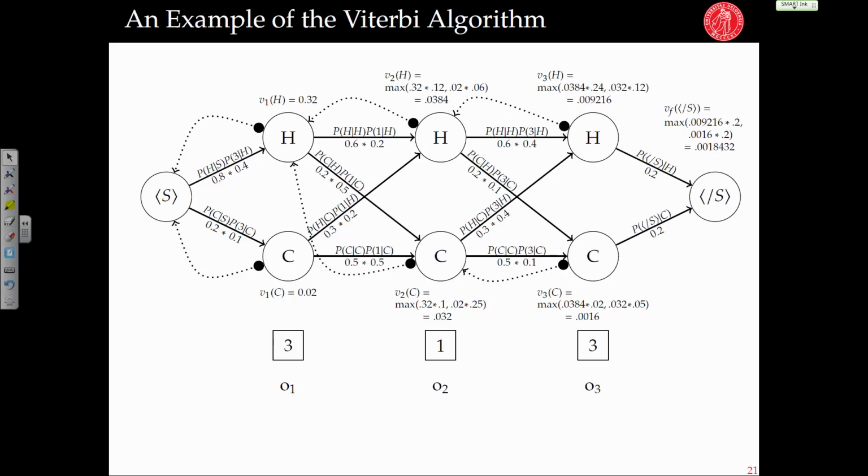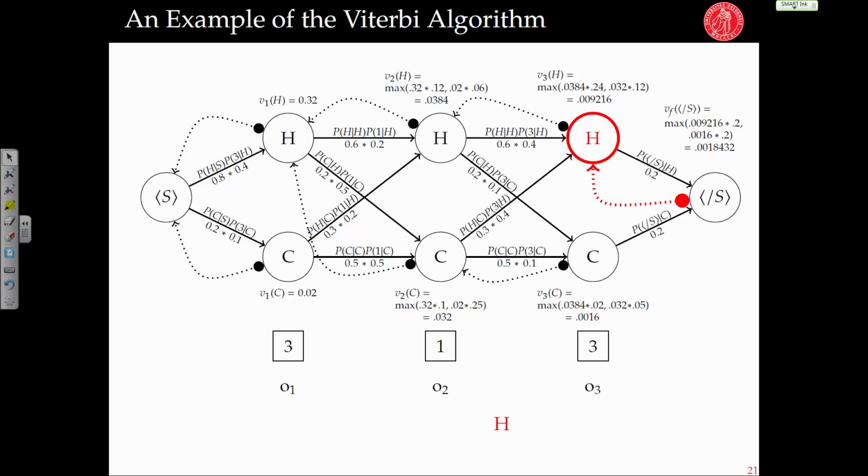And finally, we reach the end state, and here there will be only one option. We have to choose between either going from H or going from C. So we do the same multiplications again, and we find that the highest probability of being in the end state here is to come from H. Now what we can do is backtrace all of these pointers until the beginning, and we get our sequence.